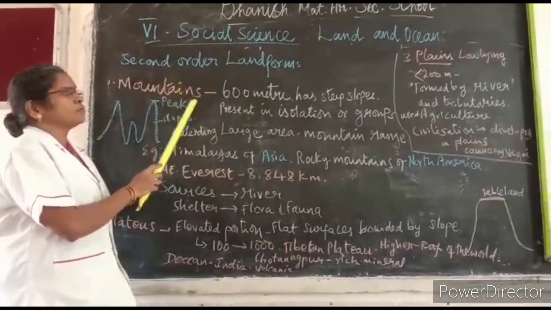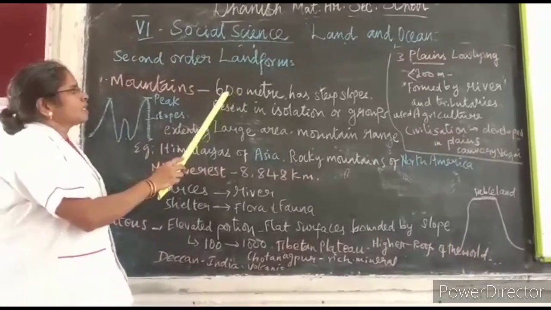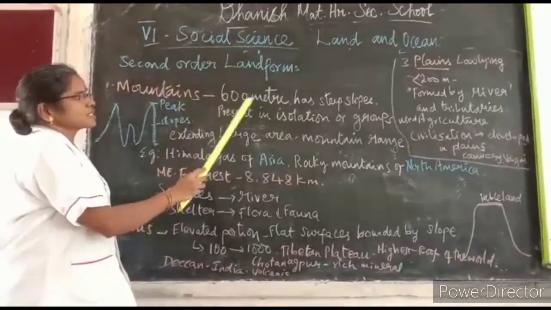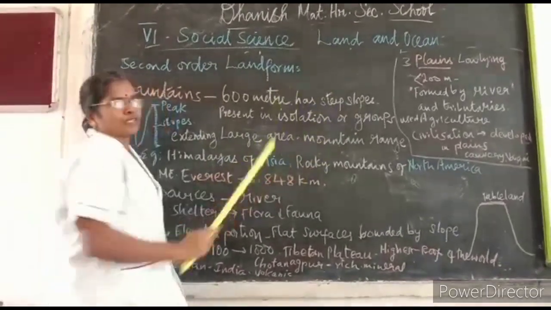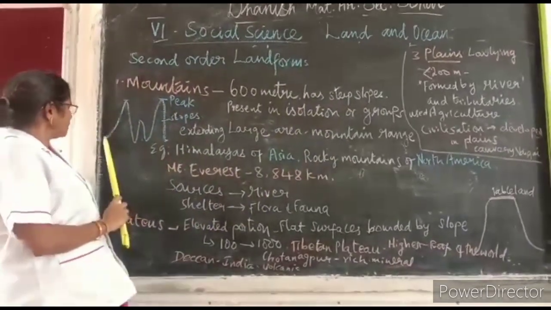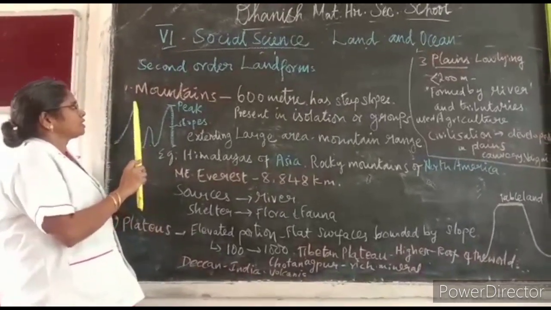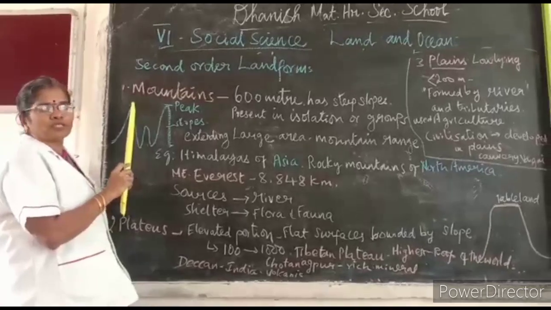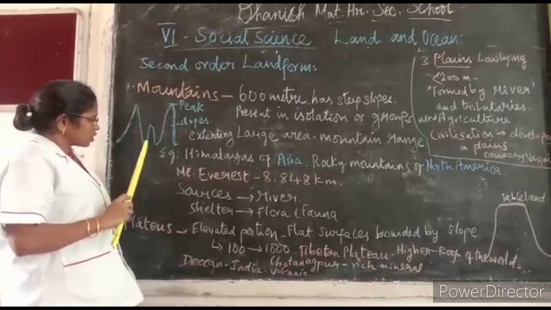First we will see about mountains. Mountains rise from the sea level up to 600 meters, and they have steep slopes. At the top of the mountain a particular point will be there, and suddenly it will have slope.